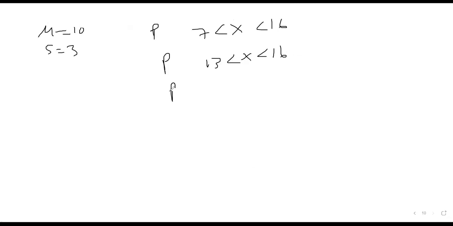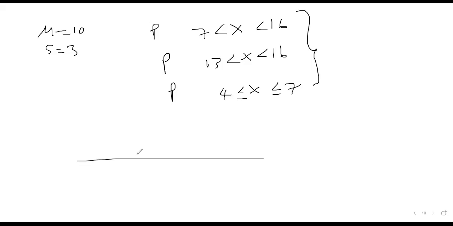The probability between 4 and 7. So what you need to understand is the kind of intervals we're having here. So our mean is between what? 10. So we have 7 and 16.